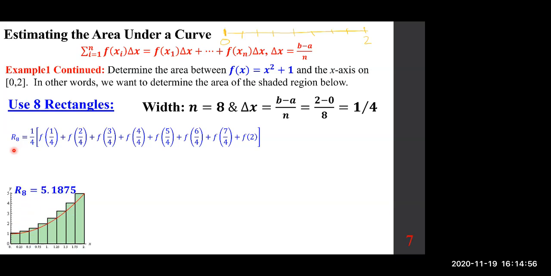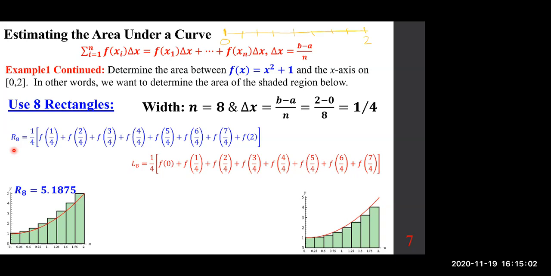And for the left, you use all of this, again, going back to this line segment, it's truly helpful. All of those except two. So take a look. So you have f of 0, f of 1/4, and so on and so forth. Again, you have an answer, and notice what's in common. So this portion is in common.